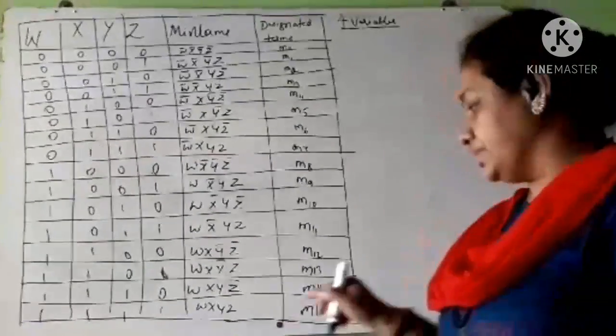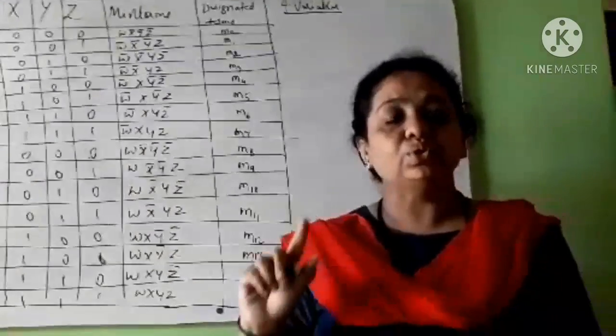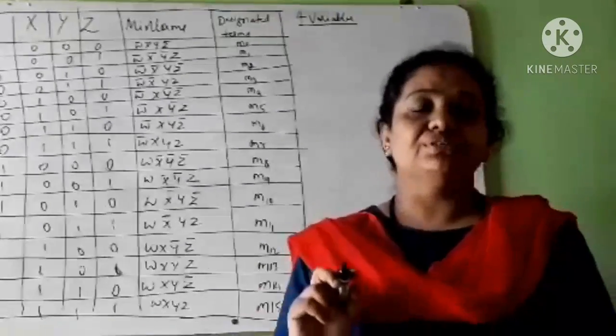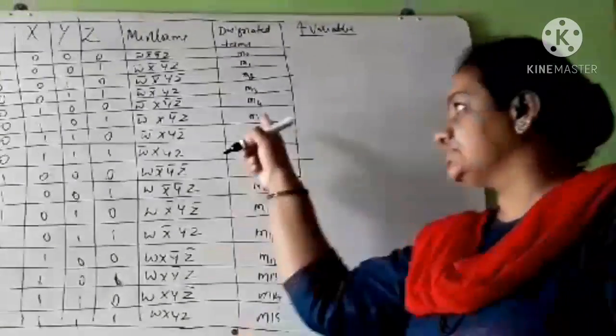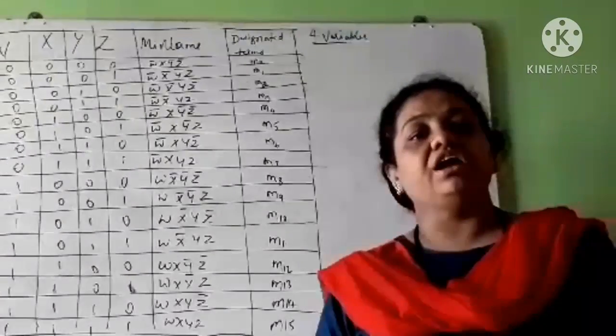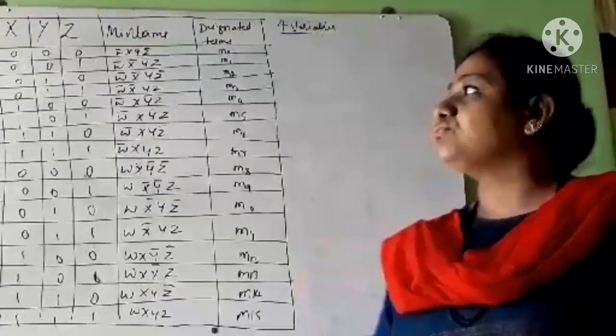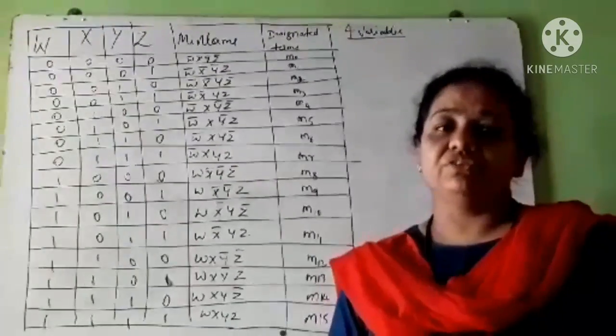There are a total of 16 terms, since 2 to the power of 4 is equal to 16. This is how we construct a truth table for 4-variable minterms. Hope you have understood this.